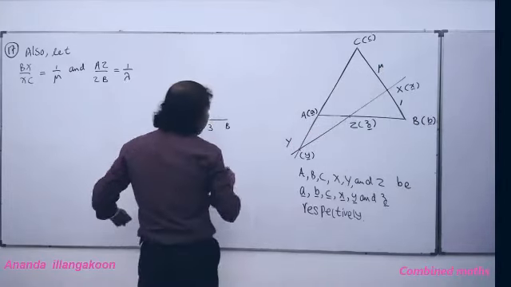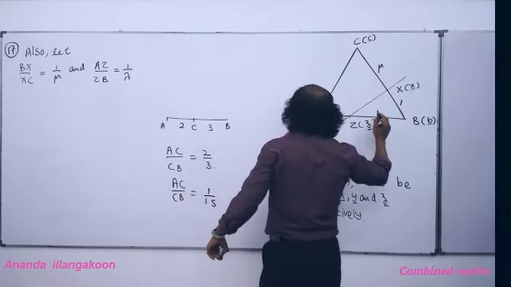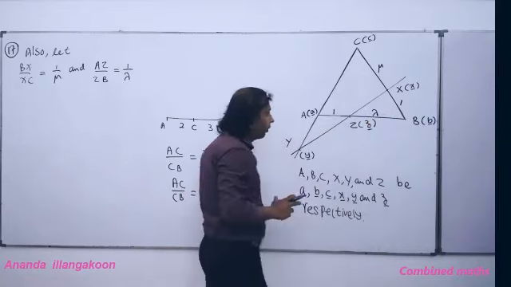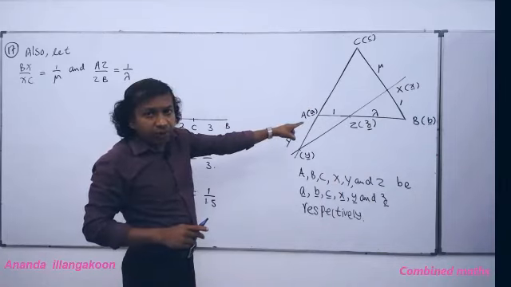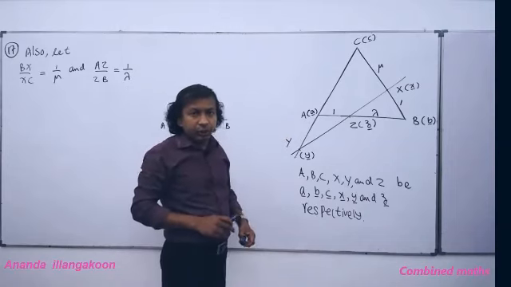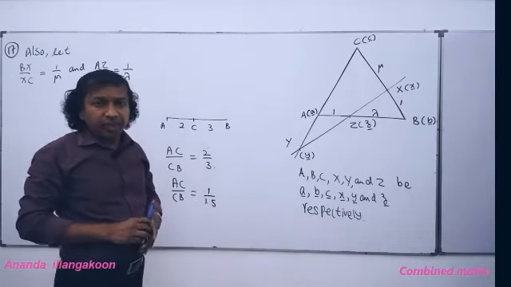And Az is 1, that is this length is 1 unit, ZB is lambda units. Then you can write the position vector of the point capital X and the position vector of the point capital Z by using the ratio theorem. We'll use the ratio theorem, people, directly here.